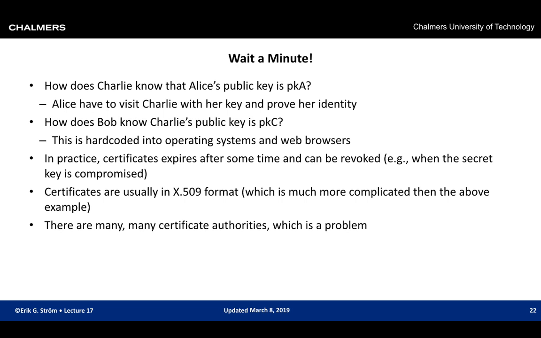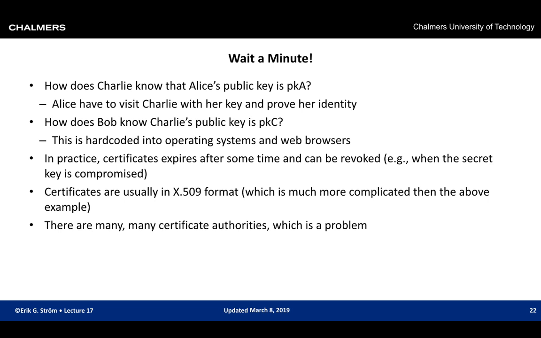So wait a minute here. How does Charlie know that Alice's public key is PKA? Right. So the thing is that Alice actually has to go to Charlie, prove her identity, and say, okay, here's my public key.